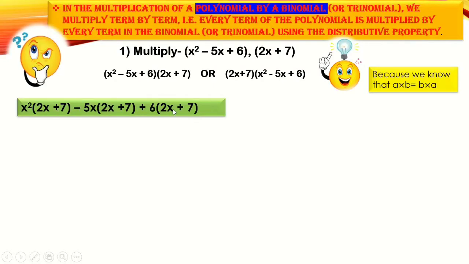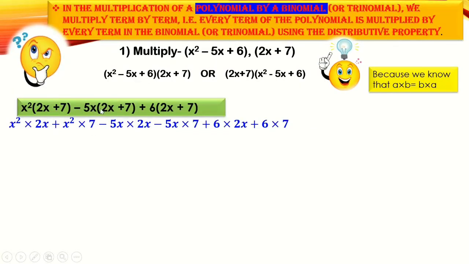In this way you should write, so that you are not leaving or forgetting any term. Okay, so next you can just multiply inside now. Till where the bracket is getting closed, till there you should multiply this term. So x square into 2x, then x square into 7. This gets over since the bracket is closing over here.